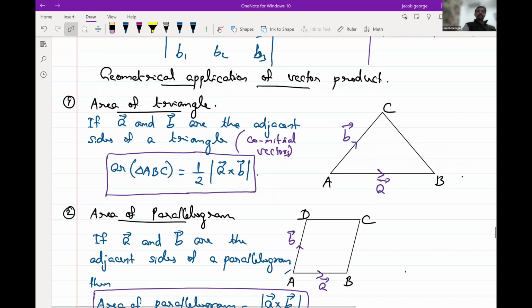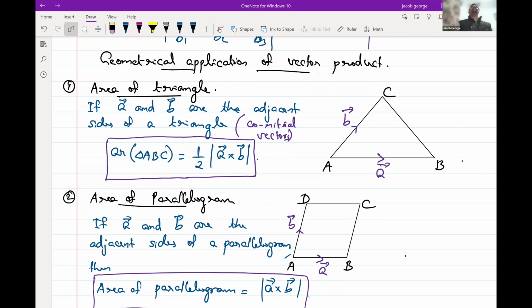Then geometrical applications, another important factor. When you apply geometrical applications, we have to take co-initial vectors. Points may be given; you know how to convert points to vectors, right? X2 minus x1, or a position vector can be given, or a direct vector can be given.